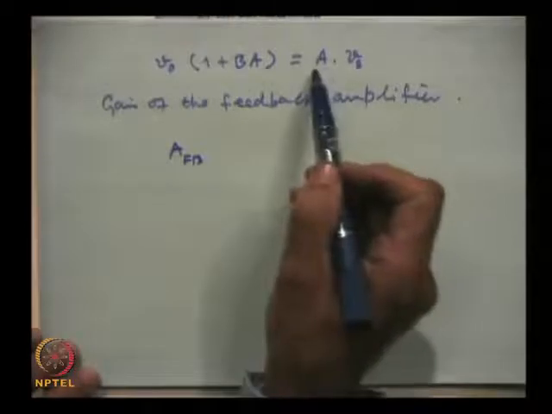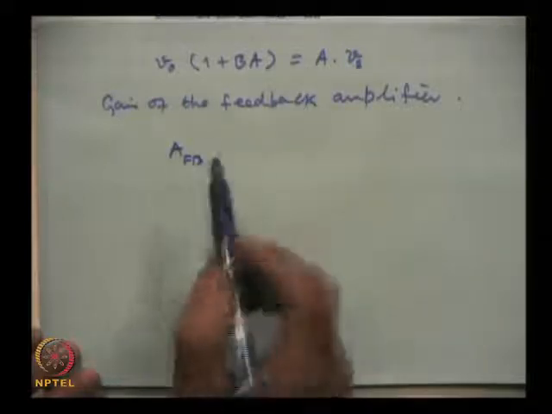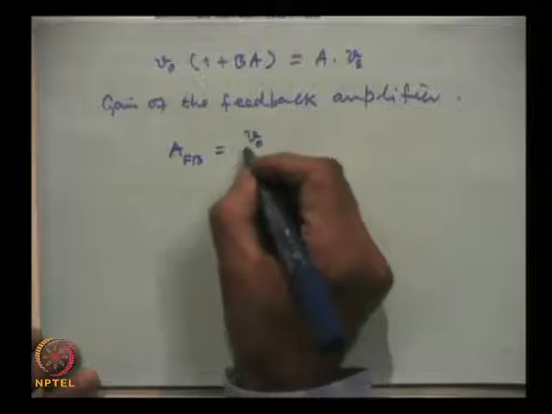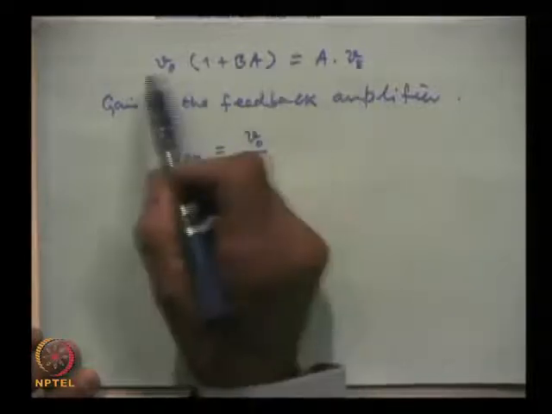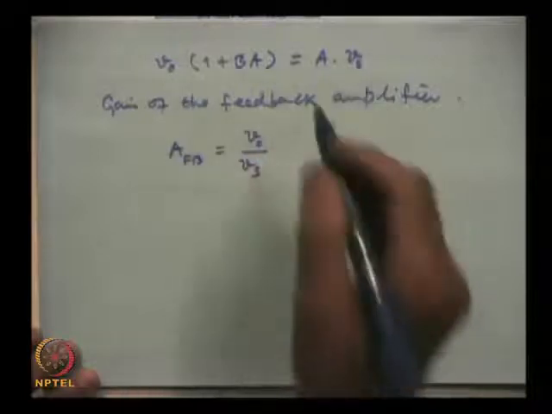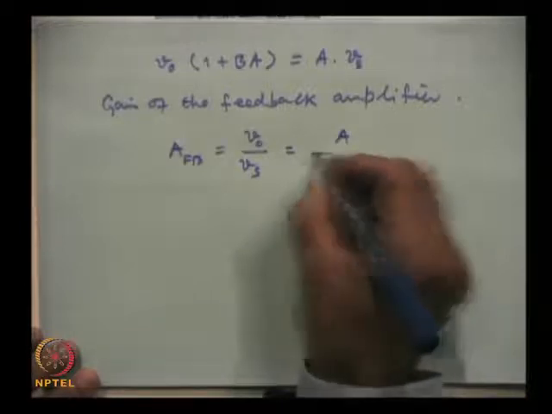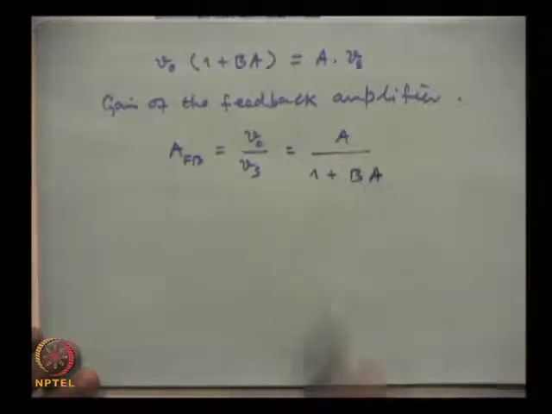A was open loop gain, that means gain of the amplifier having no feedback. This is with feedback. So, this is obviously equal to V0 by Vs, and from this equation, it simply becomes equal to A divided by 1 plus BA.